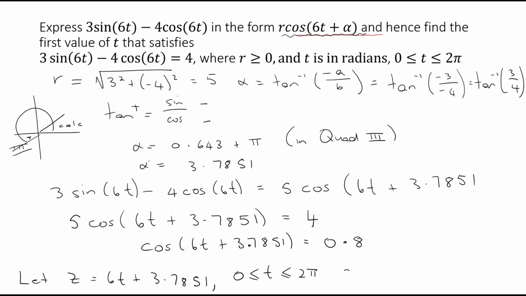So z will be between 3.7851, I might just write that as z because I'm going to run out of space, which would be less than 6 times 2 pi plus 3.7851.